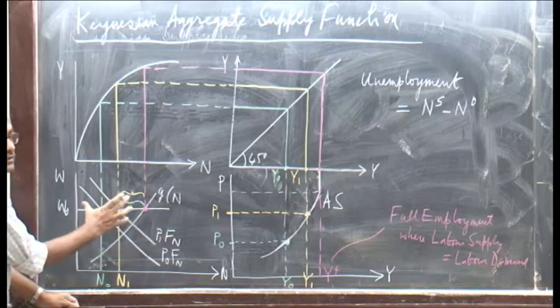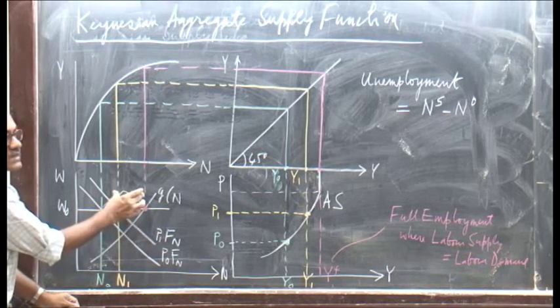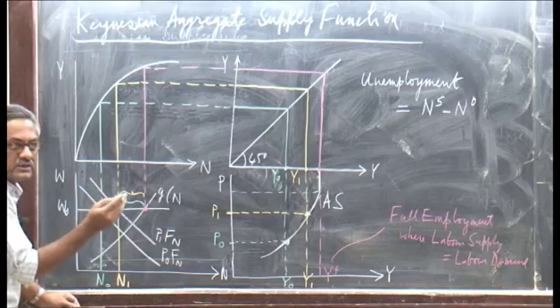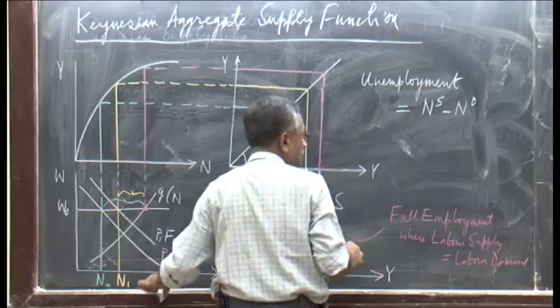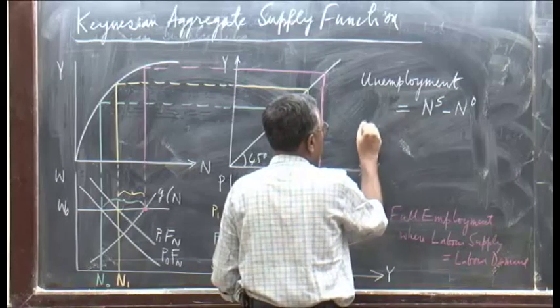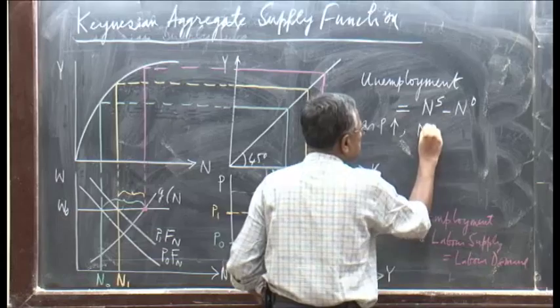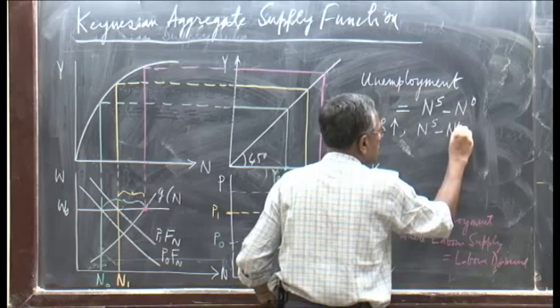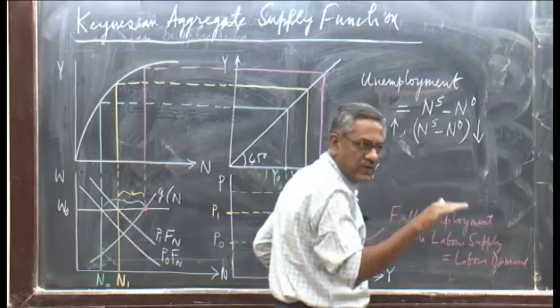It shrank. The green unemployment was more, NS minus ND, then NS minus ND shrank as price increased. That means unemployment fell.